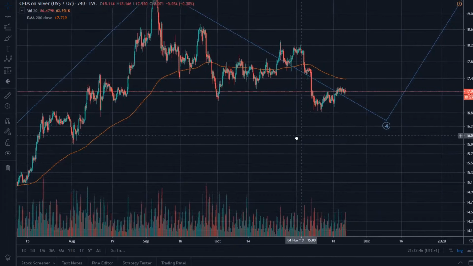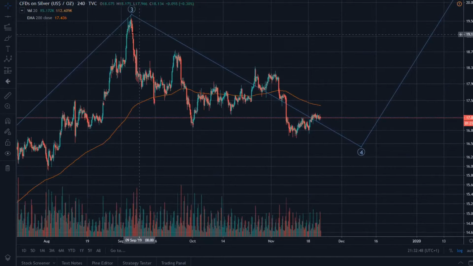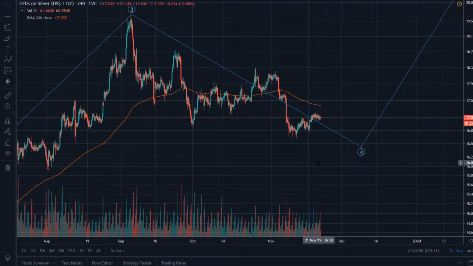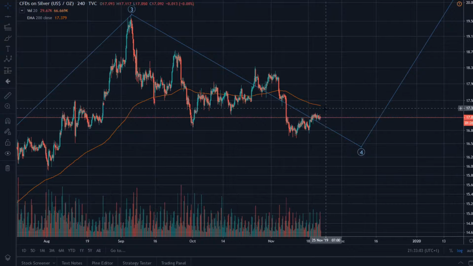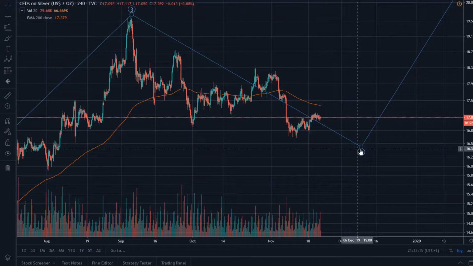I think right now this is a combination wave, and as you can see here, I drew my target down there. This is just a correctional pattern: we had this move down, A, B, maybe this B will generate a new high still in this region, 1720, 1730 or something, and then we will probably have another move down into this 1630 region.